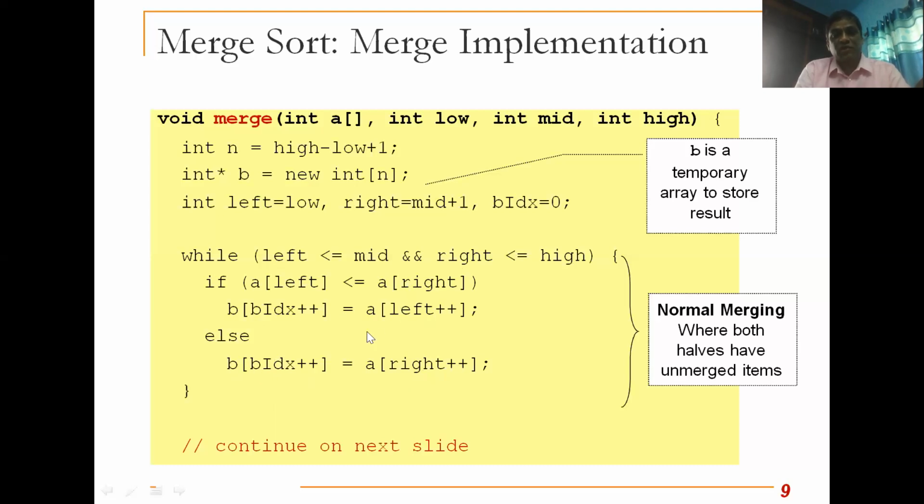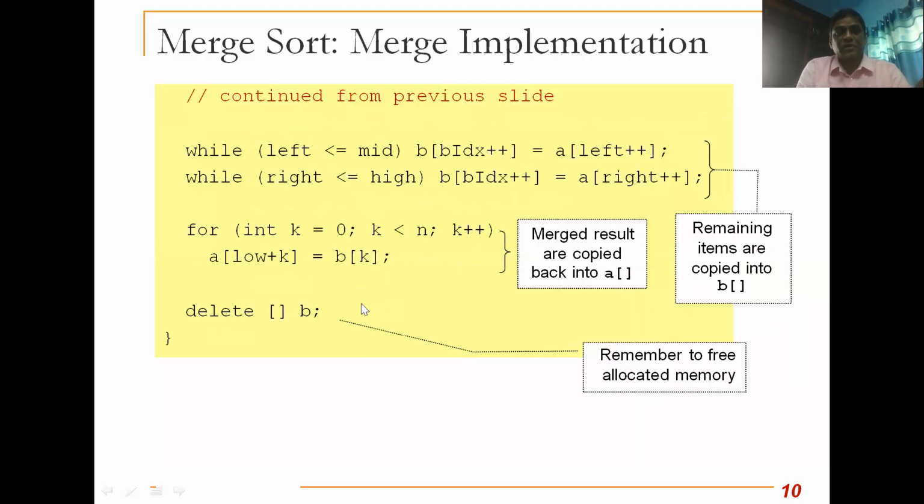Okay, so when one of the lists is completed, then we verify which list is completed. If left is less than or equal to mid, it means there are elements in the first list, right? The second list might have been completed. The first list is still having some elements. So we copy the remaining elements from the first list into array B. Okay.